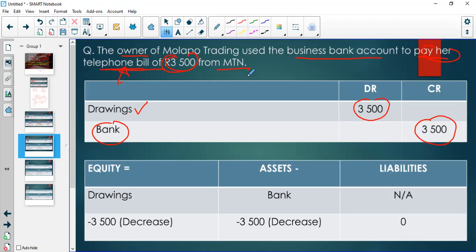So what this means is whenever the owner uses resources or assets of the business for personal private use, so you could pay school fees for kids, but the business doesn't have school children. It's the owner's school children. But if the business pays for the school fees of its employees, like you are employed and the business pays school fees, then that's an expenditure of the business, right?